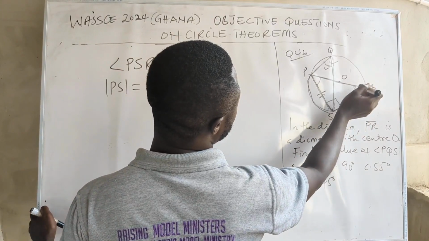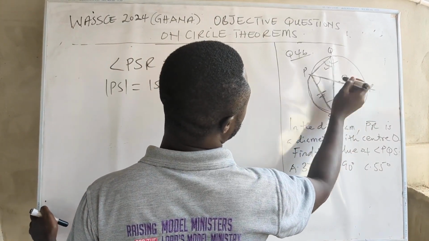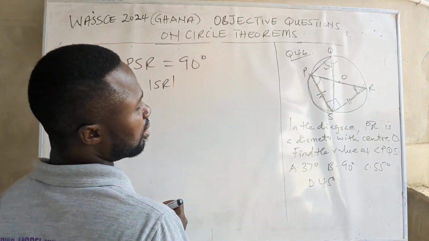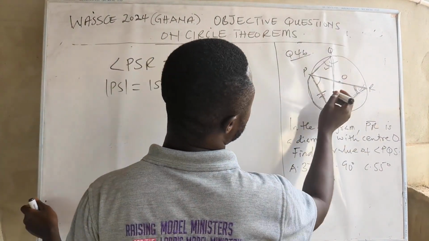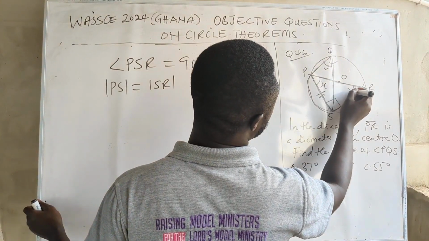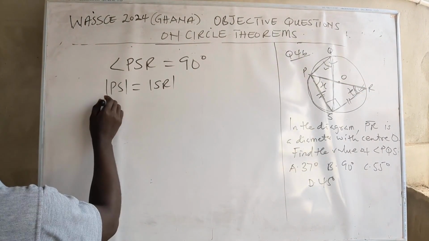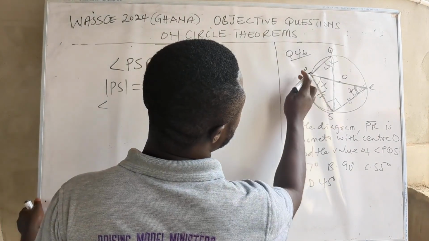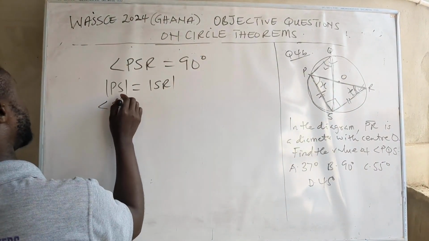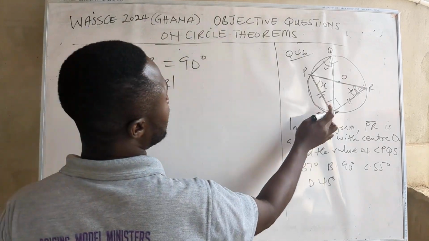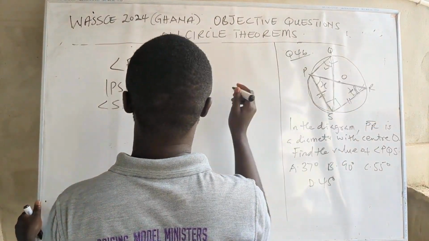It means the base angles become the same. So since they are the same, if here is X, here is also X. So angle SPR becomes the same as angle SRP.